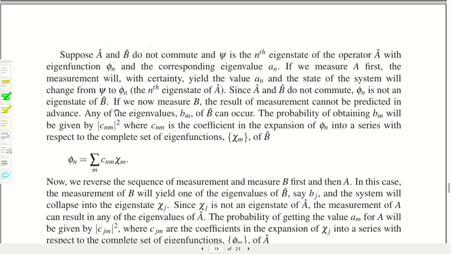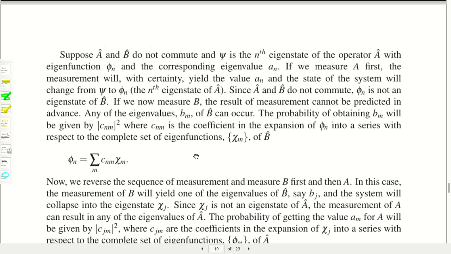That is why, if you operate B, the measurement cannot be predicted in advance. What will be the state after operating B on phi n? Because phi n is not an eigenfunction of B, the states will be mixed up. Now you will get the eigenvalue b m with probability given by c n m, where c n m is the coefficient of expansion of phi n in the series with respect to chi m.